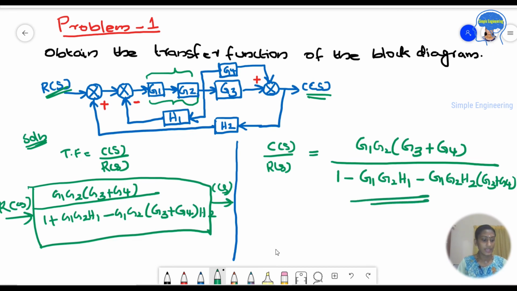So this is the way we solve the block diagram and find the transfer function. We have to reduce each block and finally find the transfer function, which will be equal to C of s by R of s.